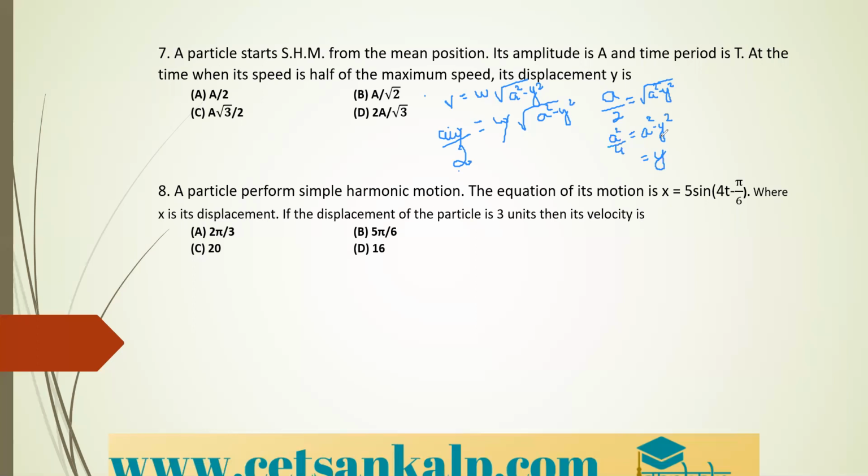So transfer A square by 4 to the other side. What is A square minus A square by 4? That is 3 by 4 A square, root of which is nothing but root 3 by 2.